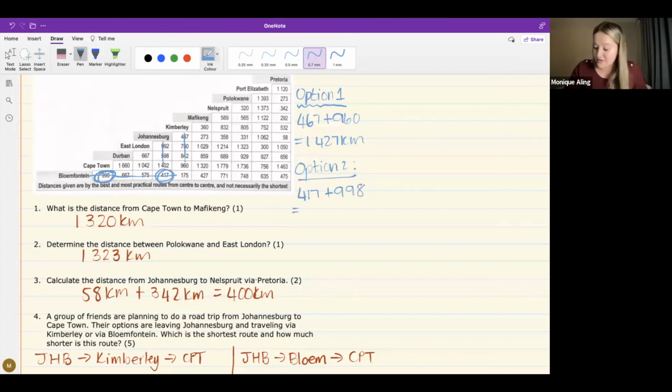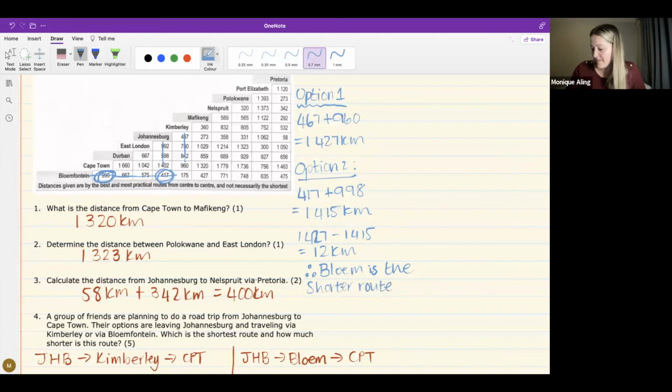So the total distance is 1,415 kilometers. So I'm going to say 1,427 minus 1,415. I get a difference of 12 kilometers. So we can say, therefore, Bloem, or option 2, is the shorter route by 12 kilometers.